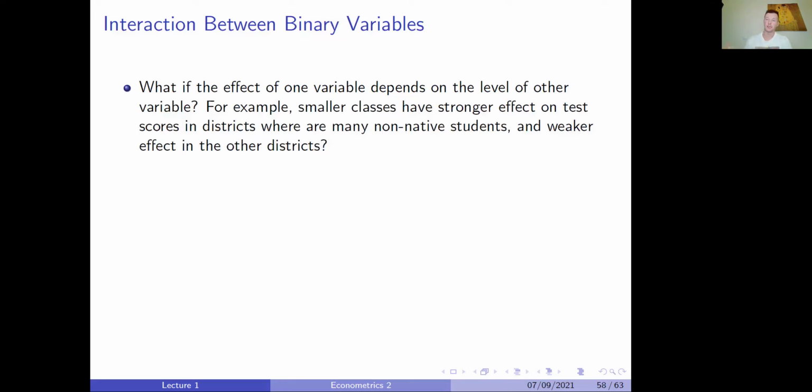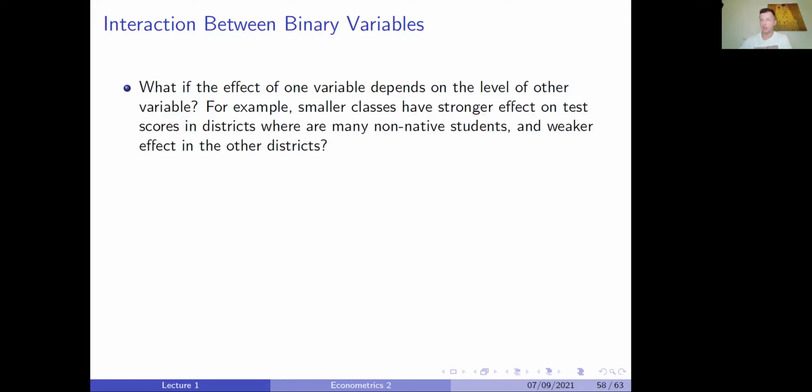So remember the idea that non-native English speakers usually have, or are expected to have, lower test scores. So it is possible that for those districts, a decrease in the student-teacher ratio has a stronger effect than the same reduction of STR in districts with not many immigrants.